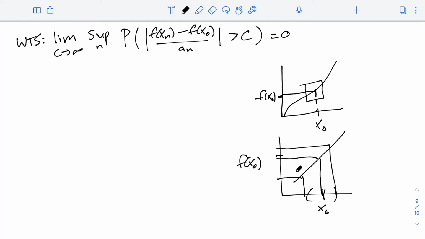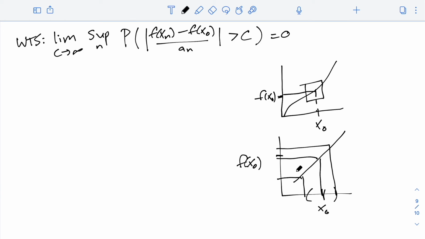So if we can bound that derivative, then up to that multiplicative constant that we know is not shooting off to infinity, the rate of convergence of xn to x0 should really look like the rate of convergence of f(xn) to f(x0).